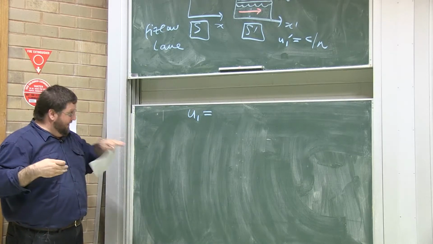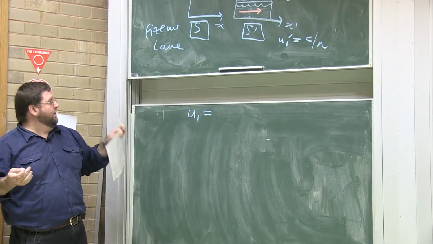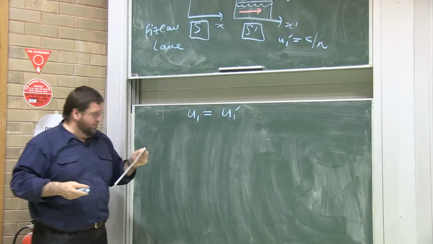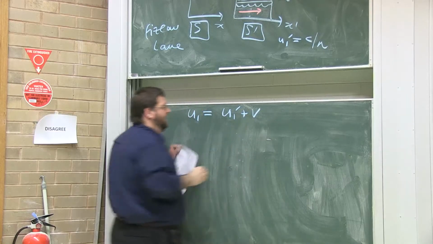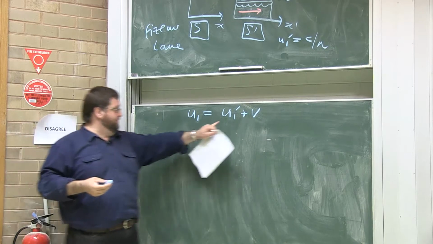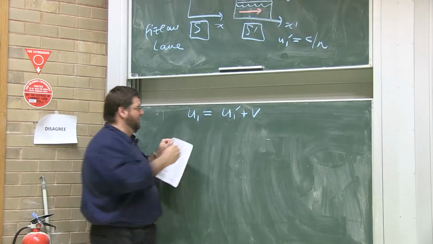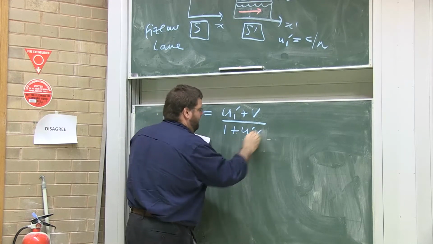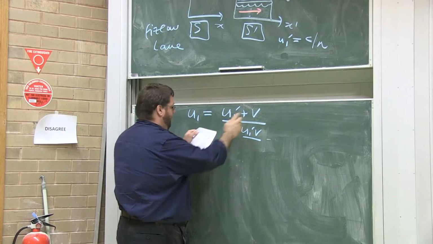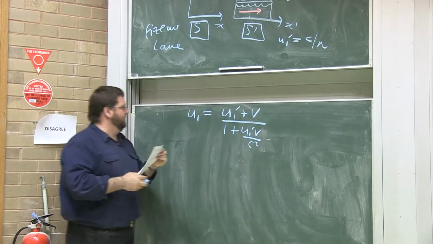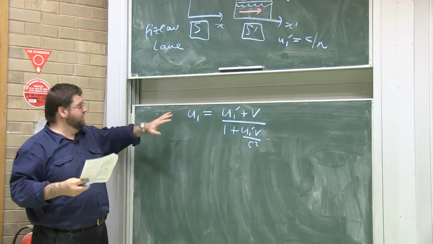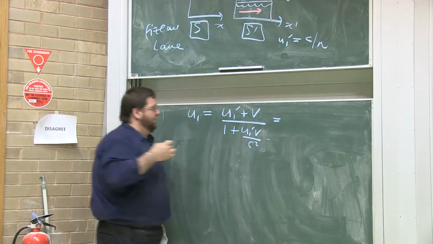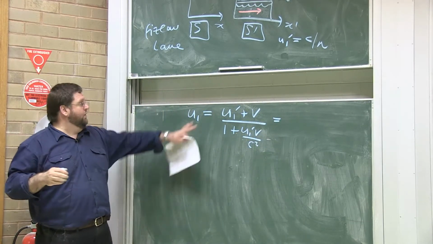So the x component of the velocity of this object, this flying light beam in the S frame, is related to the corresponding primed quantity, not by what Galileo would say, which is u1 prime plus v equals u1. Instead, we have the Einstein velocity addition formula, which was derived previously: u1 prime plus v, divided by 1 plus the product of these two velocities divided by c squared. And von Laue said, let's apply the Einstein velocity addition formula to the flying fish tank.